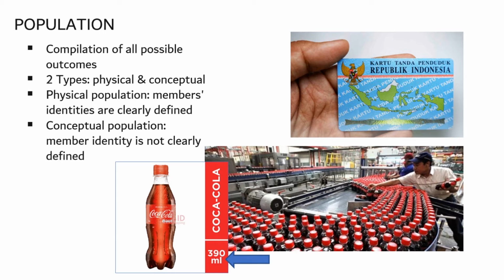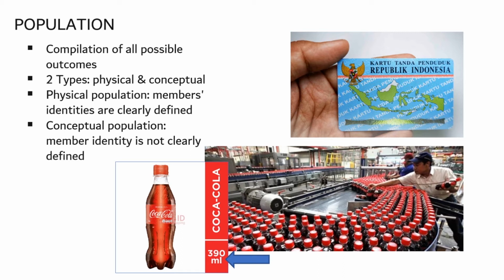On the other hand, the conceptual population has members whose identities are not clearly defined. Imagine if the population were the actual filling volume of each soft drink bottle. How many points could we possibly get?